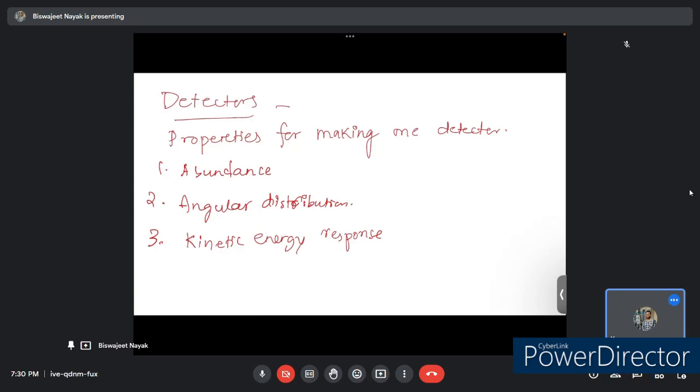So what type of detectors we normally see are passive detectors. Now what are these?